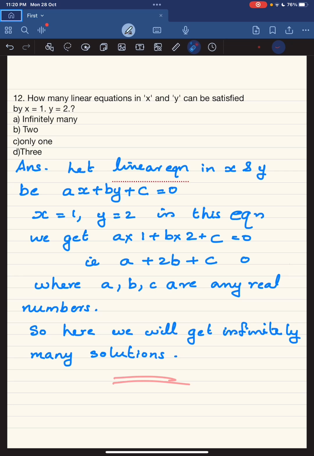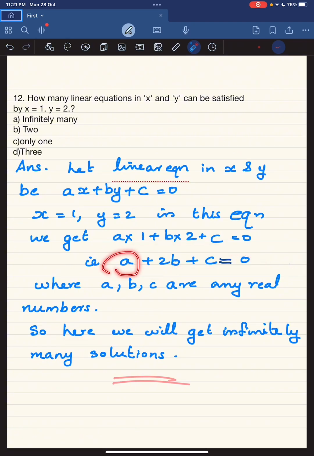Here a, b, c are any real numbers. They can be rational or irrational. So if we put any rational or irrational numbers in this equation, we will get it equal to 0. So what do we understand from this? Here we will get infinitely many solutions, right?